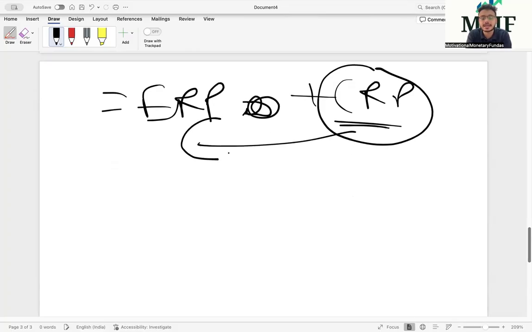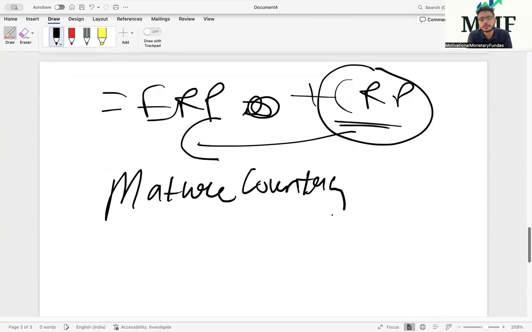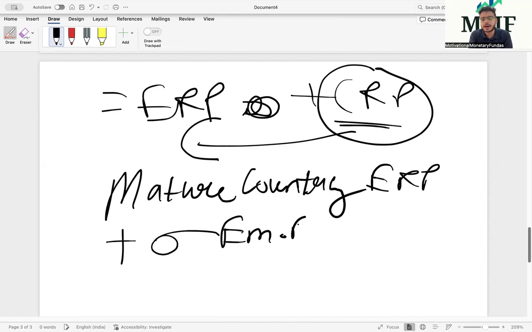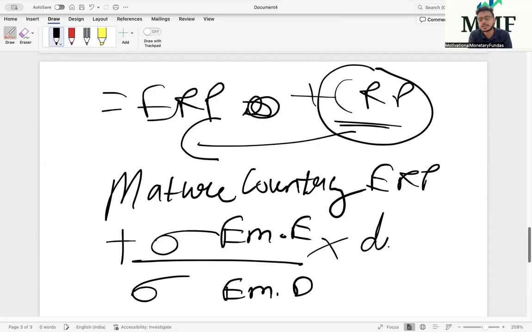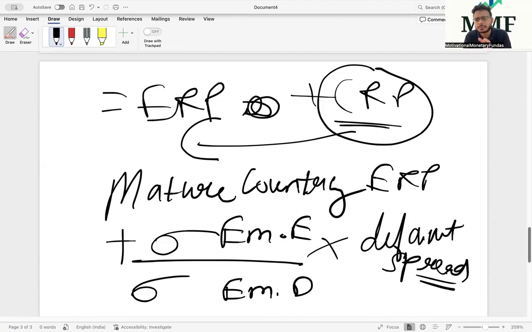Our country risk premium is calculated as a mature country's equity risk premium, I'm telling you the formula, plus the volatility of the emerging market equity index divided by the volatility, this is a standard deviation measure, right, of the emerging market debt index, into the default spread of your country. That's your country risk premium.